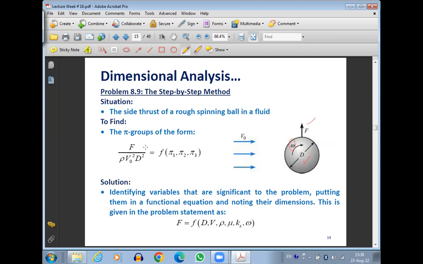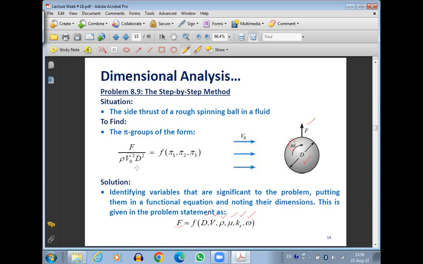Here we know that this force is a function of diameter, velocity, density of the fluid, viscosity of the fluid, then surface roughness of the ball, how rough or how smooth the ball is, and the angular velocity of the ball. These are the parameters the drag force depends on, and we need to find what dimensionless parameters we can produce out of it.